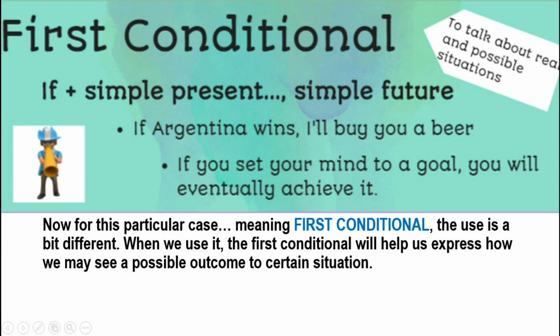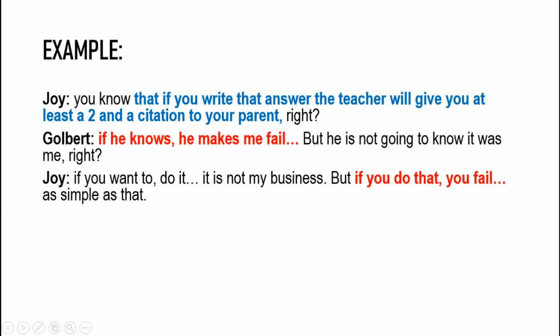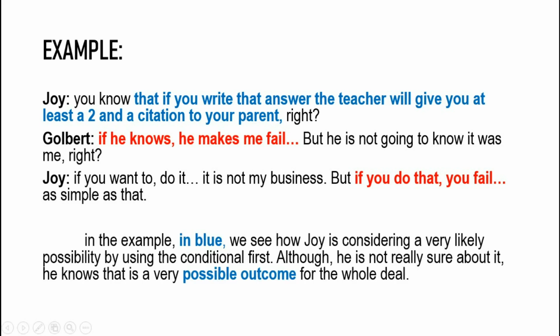Now let's go back to our example situation. Here we have the conversation again. You know that if you write that answer, the teacher will give you at least a 2 and a citation to your parents, right? So in this example, the one marked in blue, we see how Joey is considering a very likely possibility by using the first conditional.